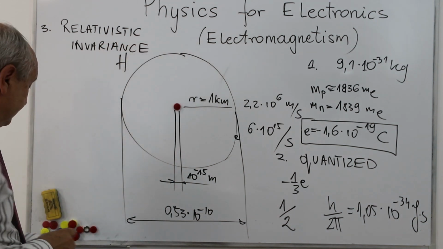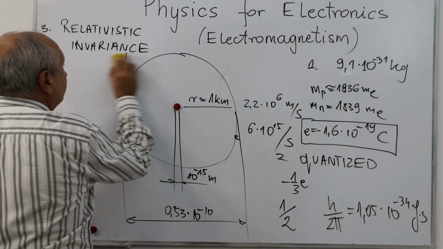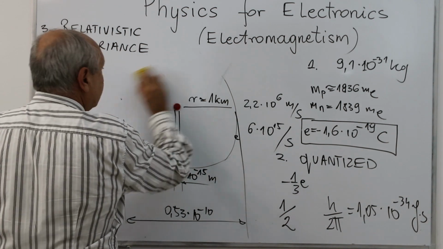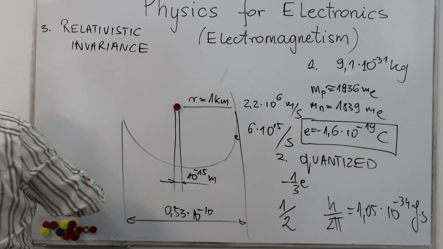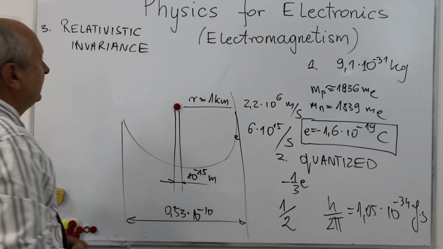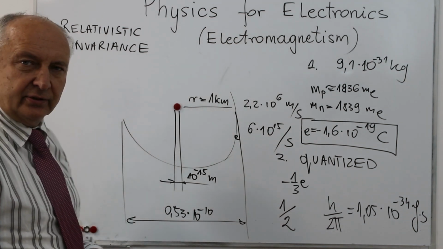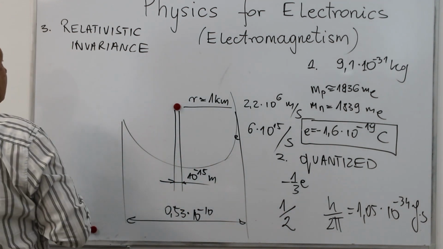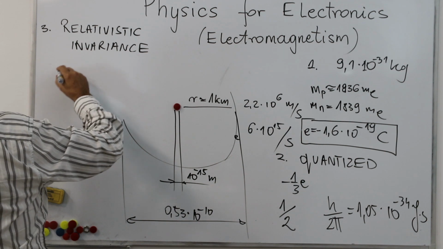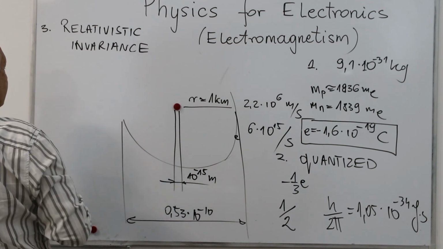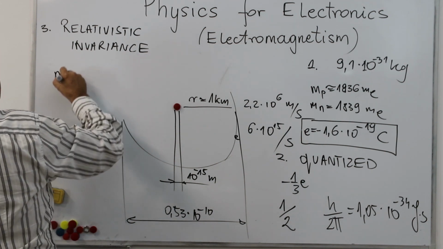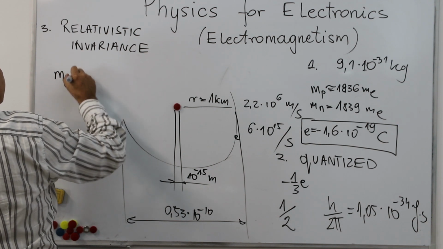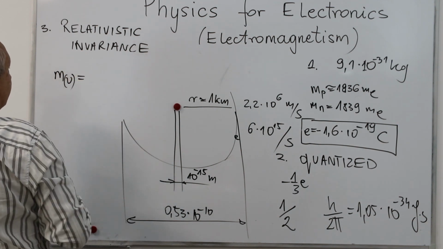Relativistic invariance means that with velocity, charge doesn't change its value. We know the relativistic formula of Einstein, that mass changes its value with velocity.